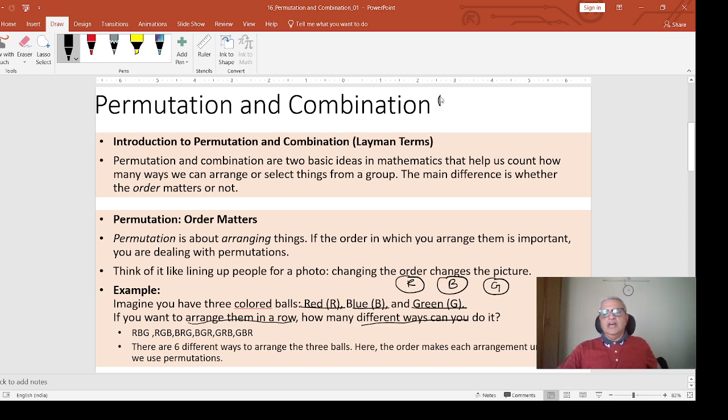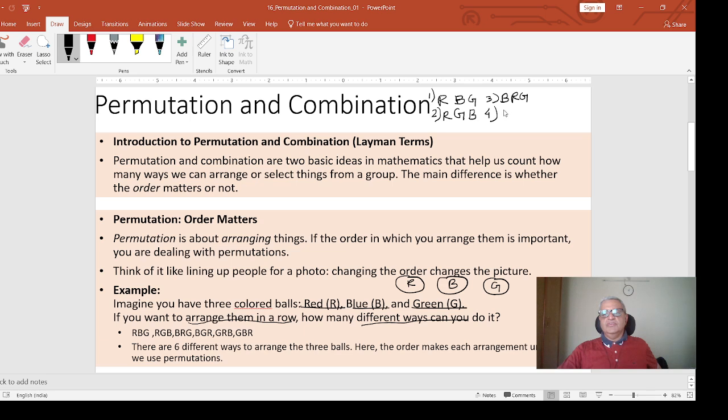You can have red first, blue second, green third. So this is one way. Similarly, the second way can be red first, green second, and blue third. Third, blue first, red second, and green third.